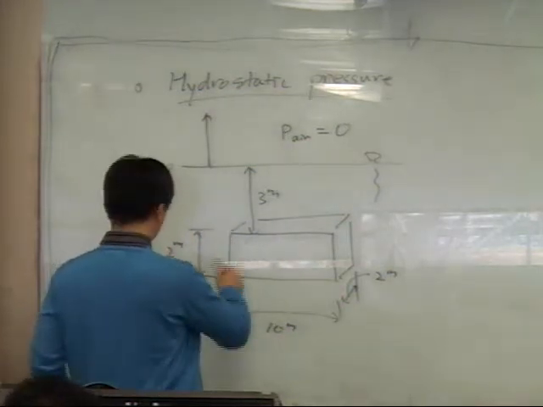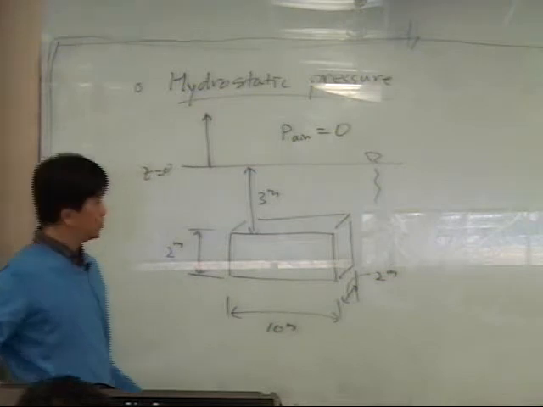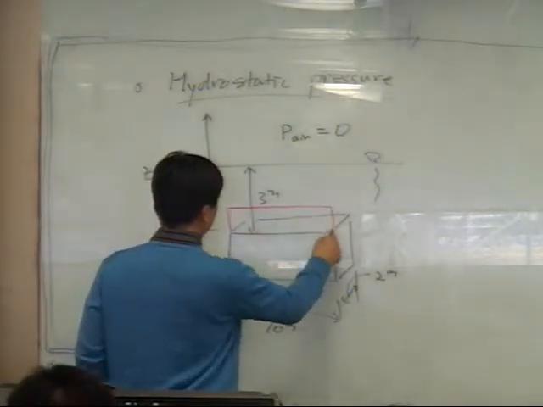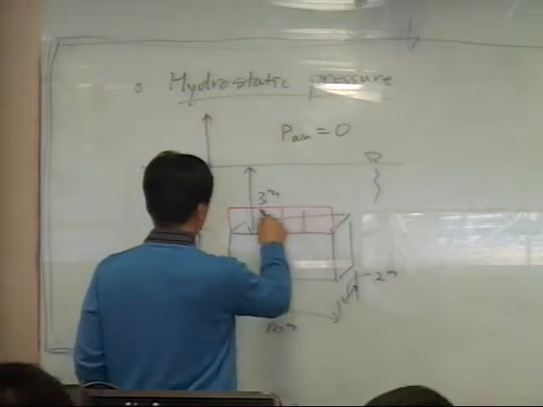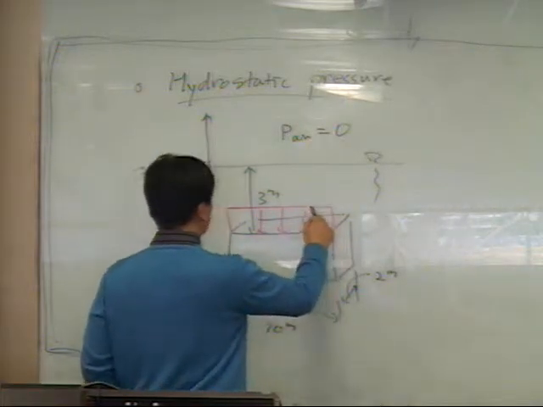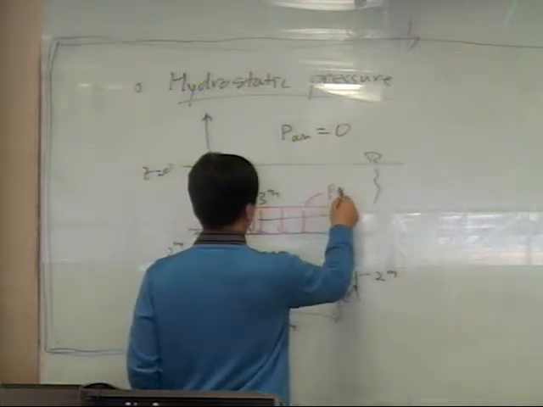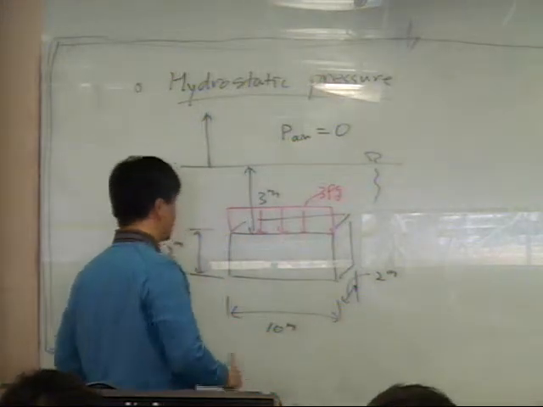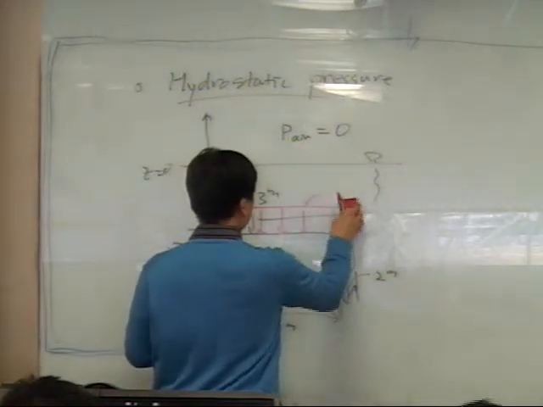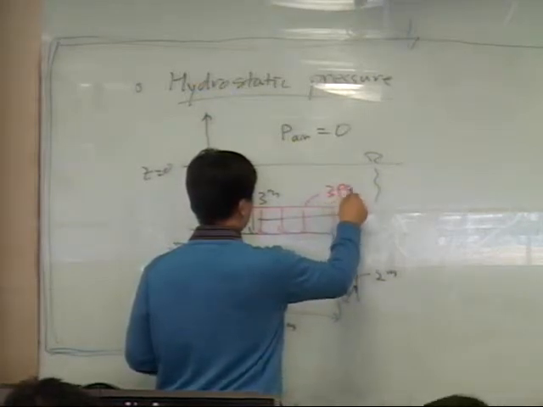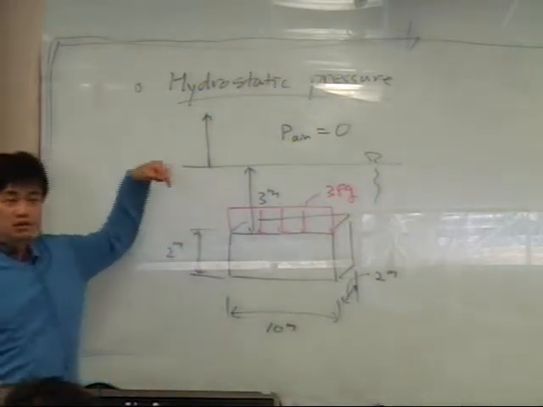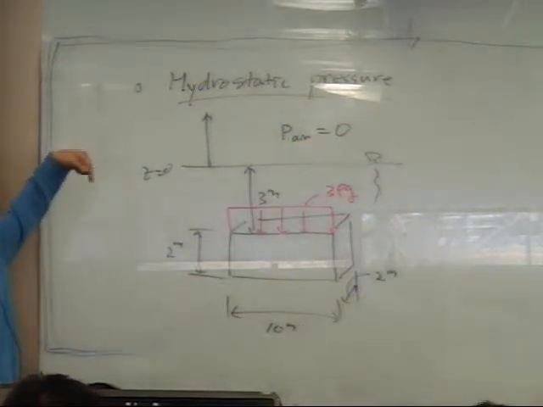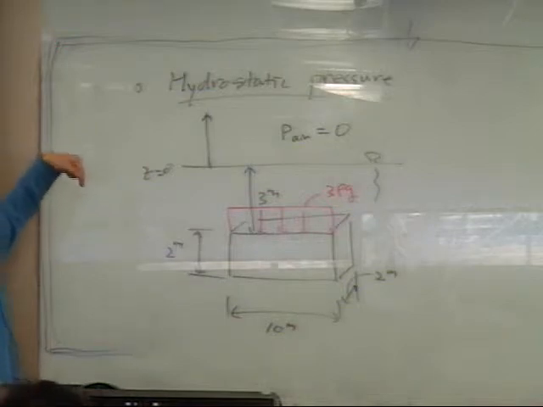Here at the top surface, the pressure is going to be applied normal to the surface like that. The magnitude will be 3 rho g, and the direction is normal to the top surface, so minus g direction here.